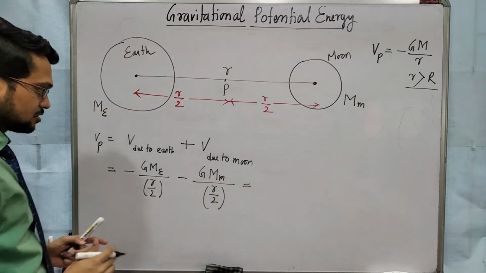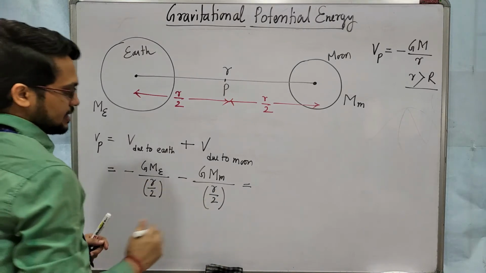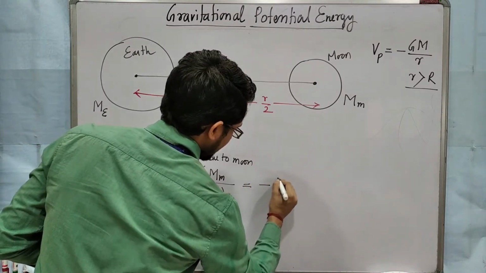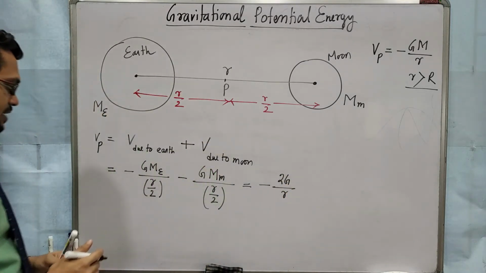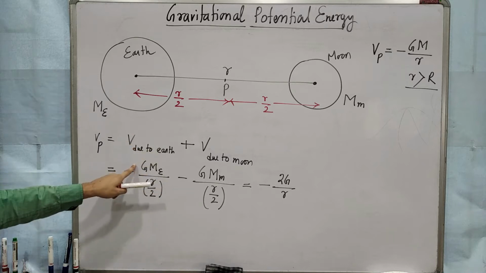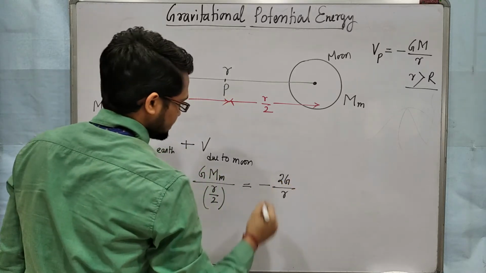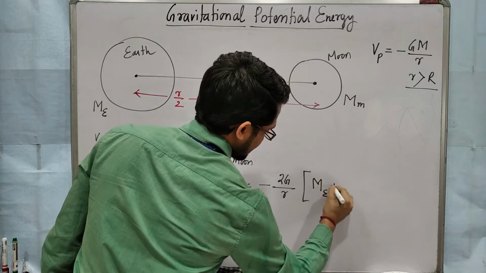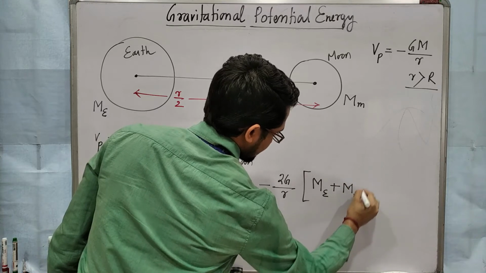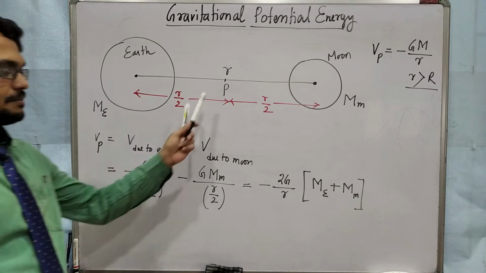If you calculate, dividing by r by 2 gives 2 by r, so I am taking minus 2G by r common: minus 2G by r times (M earth plus M moon). This is the total potential at the midpoint.